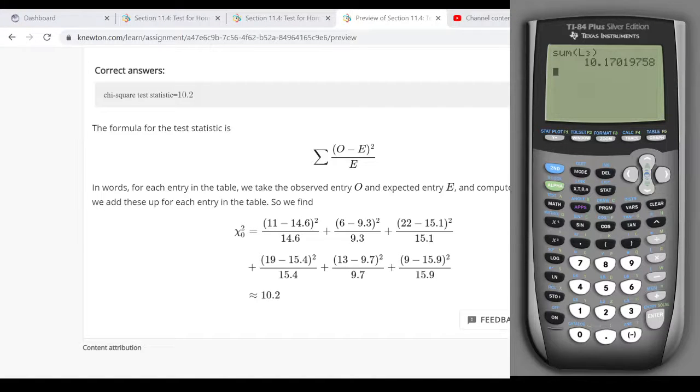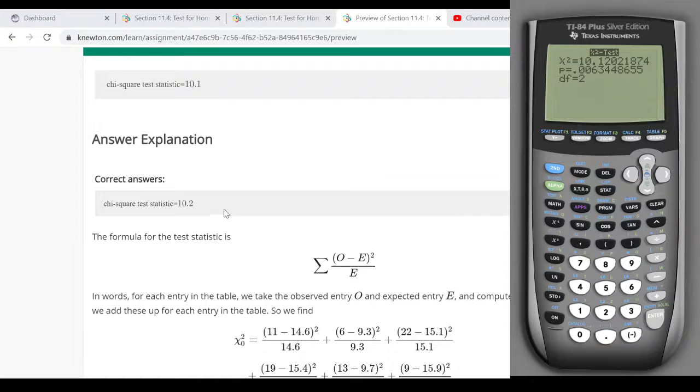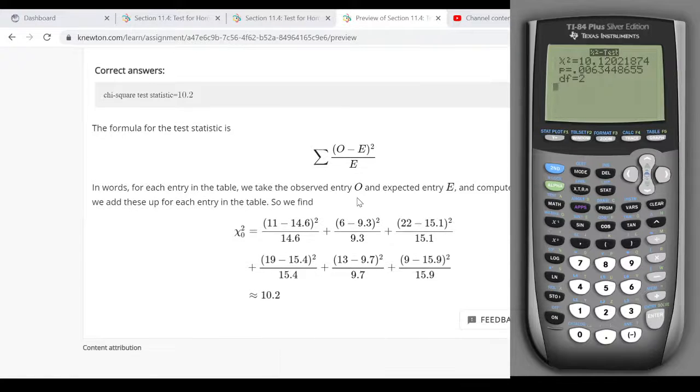But it looks like the calculator version is correct as well, right? If I go stat over to tests, and then alpha C, the chi-squared test, and then use that observed matrix and calculate, you see it came back again, 10.12. I put in 10.1, and they said, oh, that's correct. Because it is correct. In fact, it's more correct.